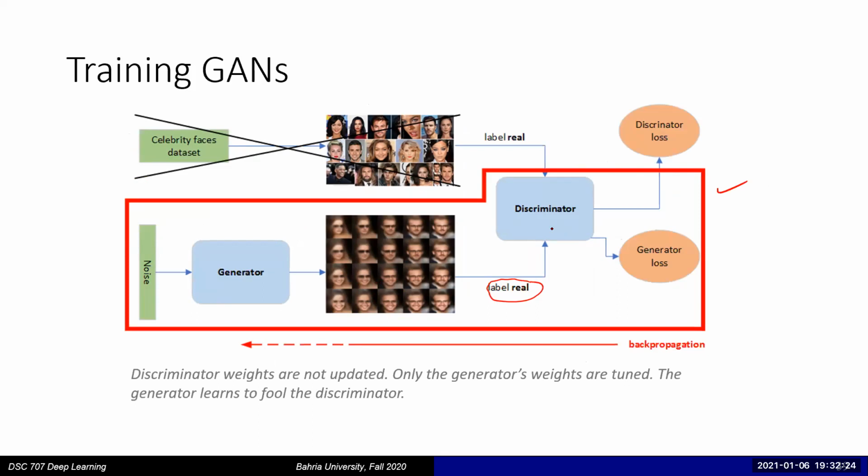So you will feed it and say, for each of these images, what are the labels? Then you will backpropagate the loss so that you can update the weights of the generator in such a way that you maximize the probability that fake is actually classified as real, as we discussed earlier. So this is what it will try to do.